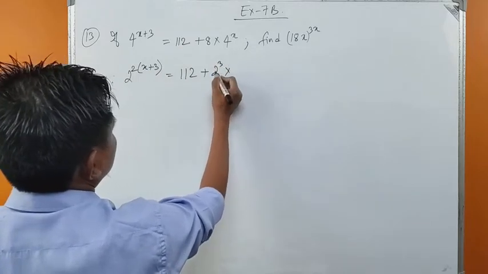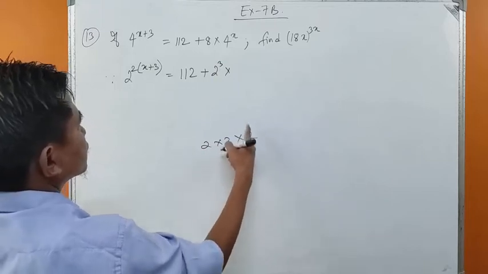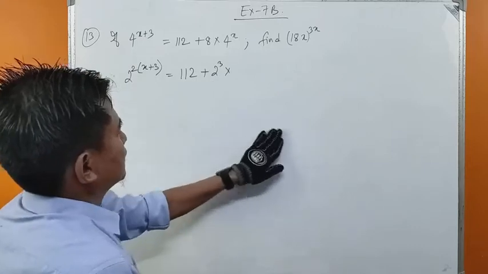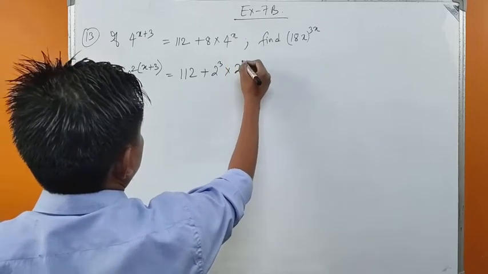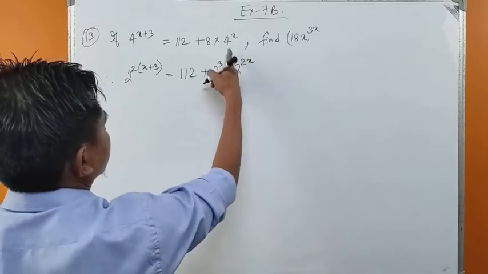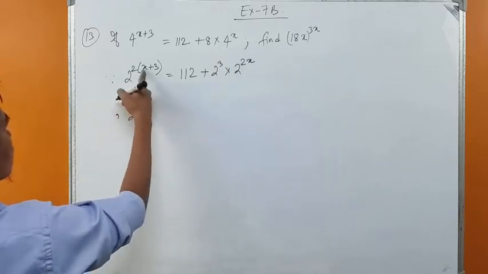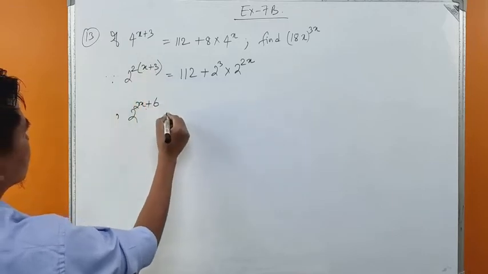Into... 2 cubed is 8, 2 into 2 into 2. 8 means 2 cubed, 2 multiplied 3 times gives us 8. So 4 to the power x means 2 squared to the power x. This x was already there, so 2 squared means 4. So 2 to the power 2 into x is 2x, plus 2 times 3 is 6.